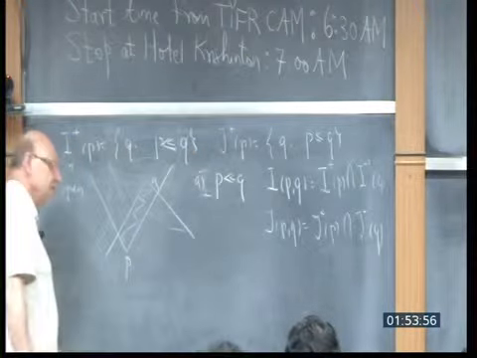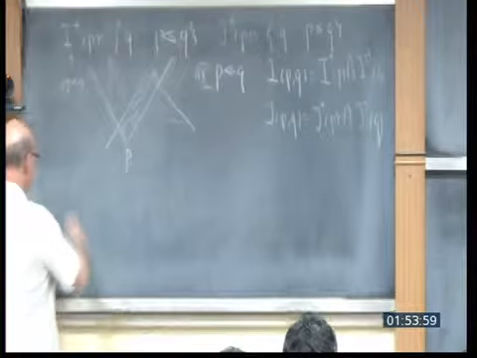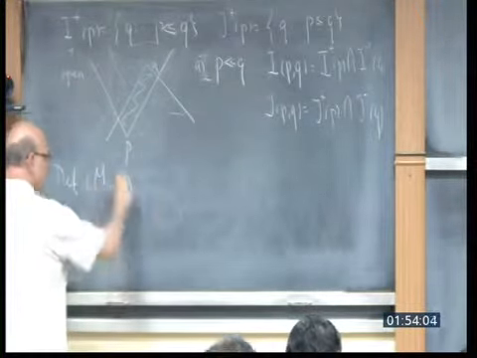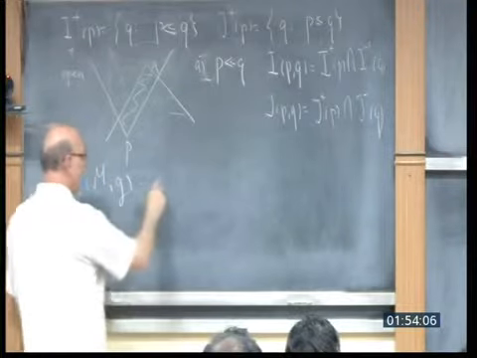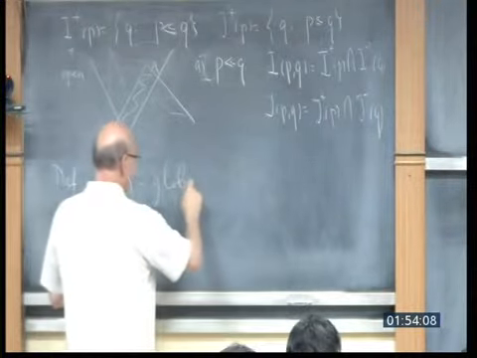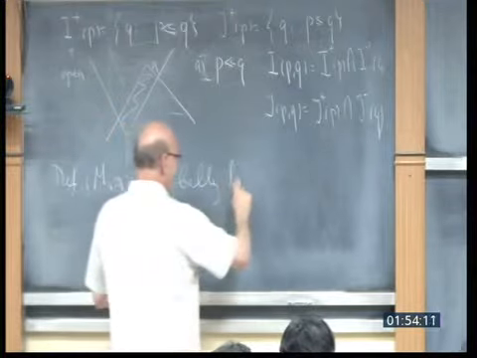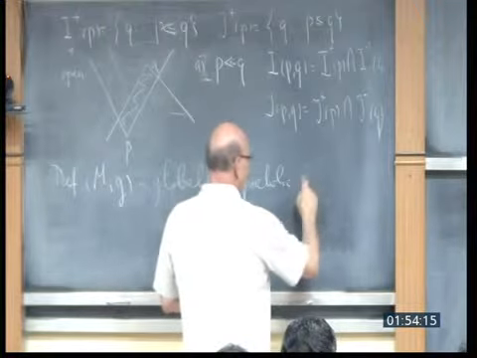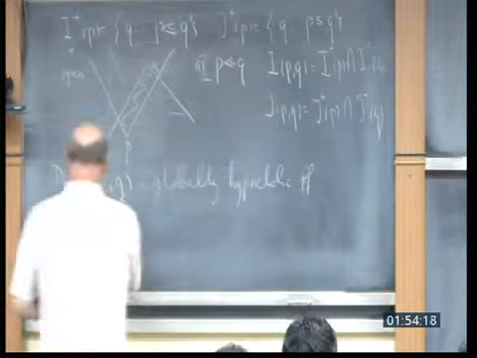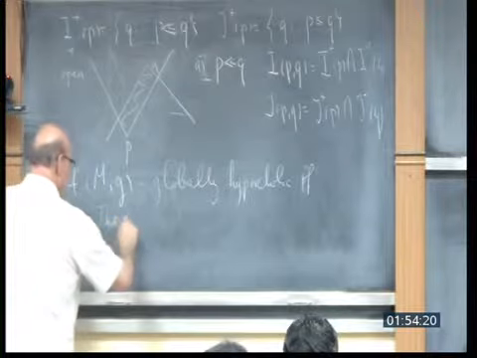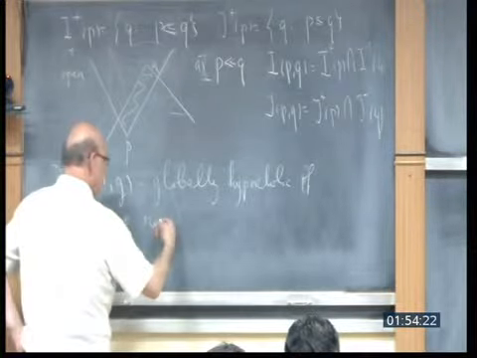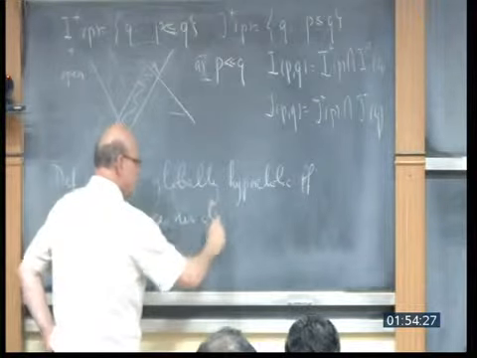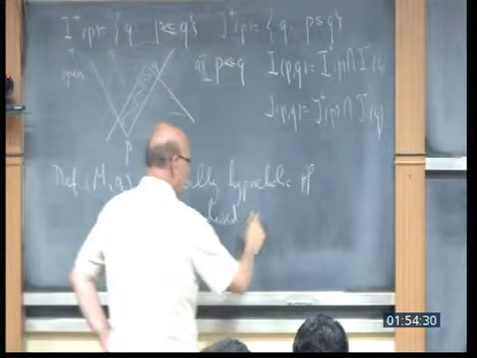And now an important definition. A Lorentz manifold or space-time (M, g) is globally hyperbolic if, first, there are no closed causal curves.